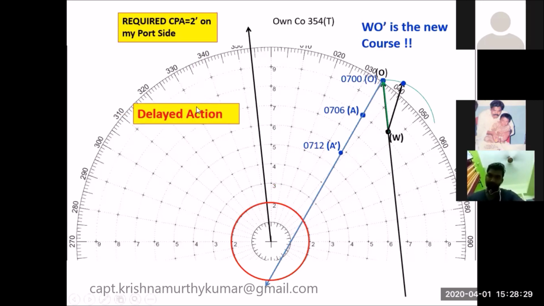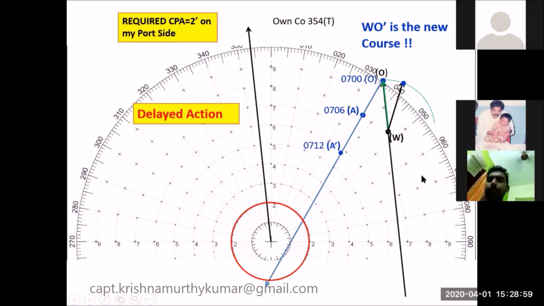Now we come to delayed action. That means you have completed your plotting, let's say about 0712, and immediately you are taking action and the ship is obeying you immediately. Assuming all that, in those 6 minutes from 0706 to 0712, he would have moved here relative to you.